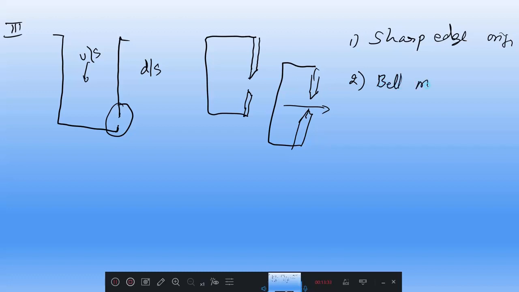Bell mounted means the inside edge is somewhat bent. A little bend is made here. How is your bell? The bell will be like this. The same thing, a little bend is made here so that you will have the opening. That is the bell mounted orifice. This is based on the shape of the upstream edge.